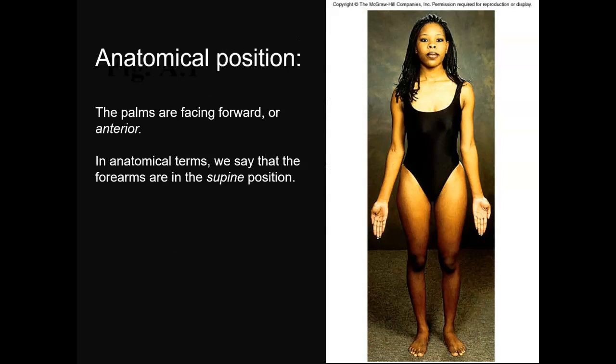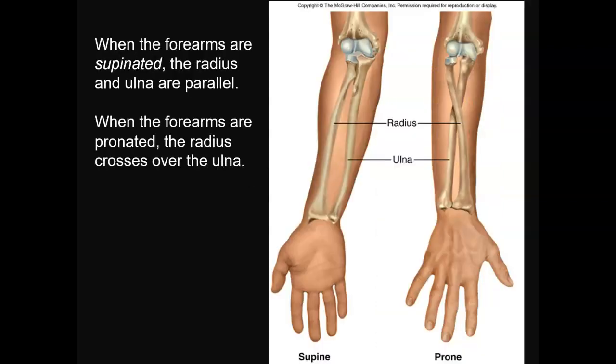But all directional terms will refer to someone who is in anatomical position. In anatomical position, the palms are facing forward, or the forearms are supinated. The reason that's important is because when the forearms are supinated, the radius and the ulna are parallel. If you pronate the forearm, or you turn the palm toward the back of the body, the radius crosses over the ulna, and it makes it difficult to describe its position.